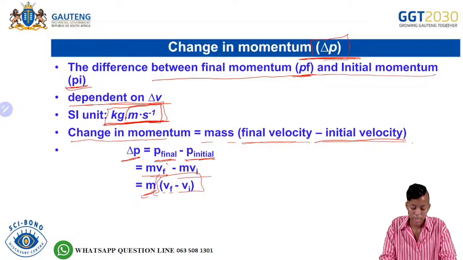Or else you can write it as m into V final minus V initial. Just to repeat, the mass will be measured in kilograms, and the velocity will be measured in meters per second.